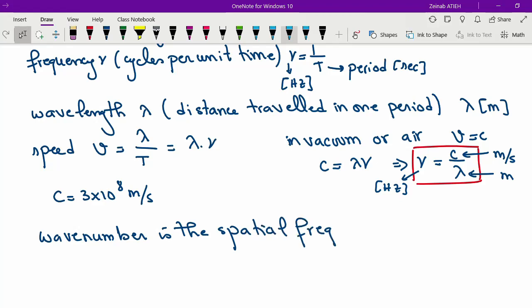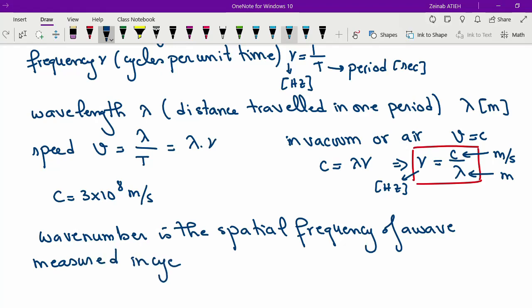You will see how. In other words, it is measured in cycles per unit distance.